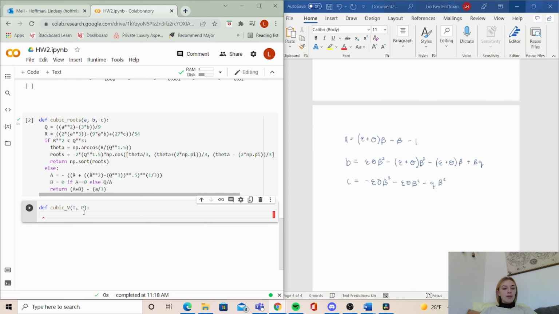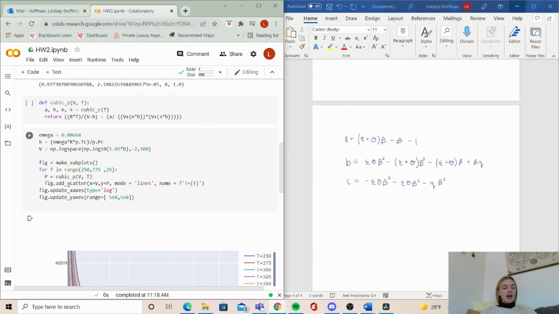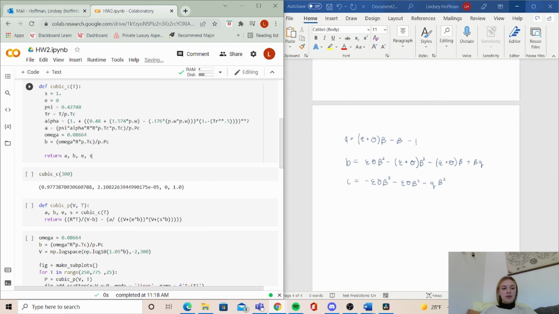So if you remember from up here, we found our A, B, epsilon, and sigma variables, coefficients.